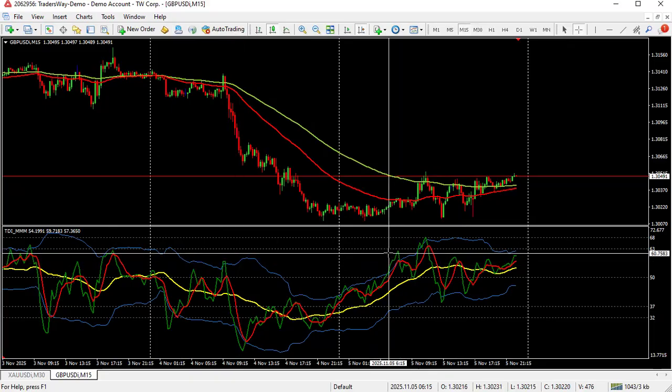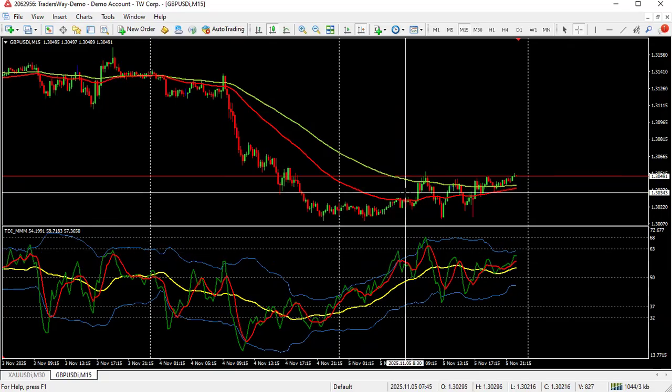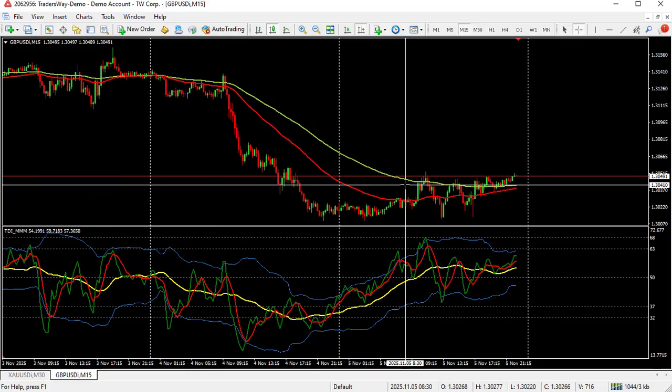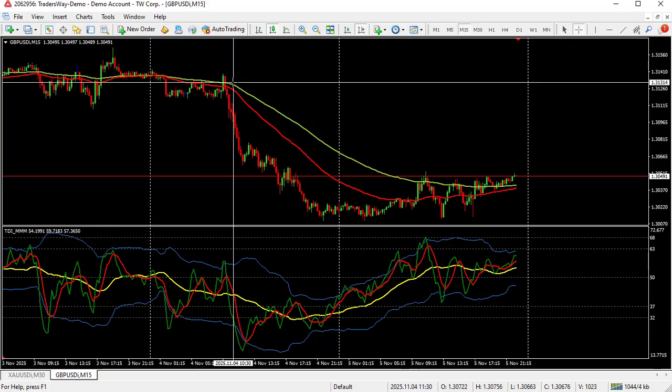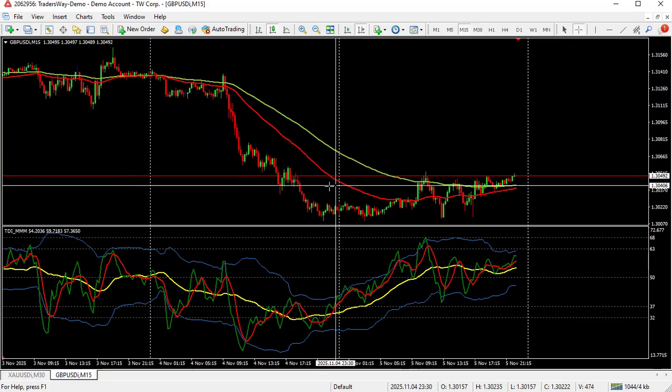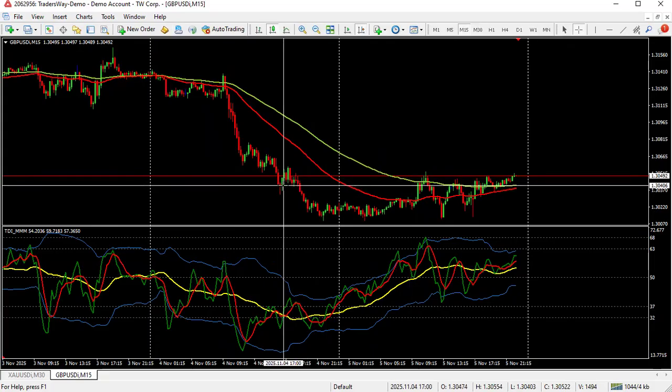Yes. But the second thing is, did price come back to a previous point of interest? In this case, because it is a bear trend or downtrend, that point of interest would be a previous level of support turned into a possible resistance.